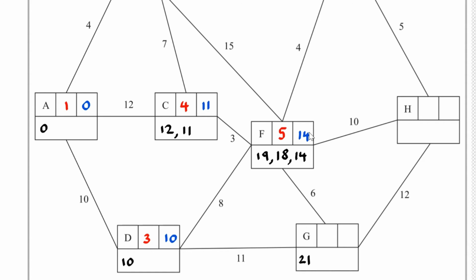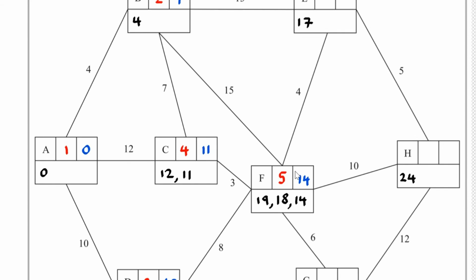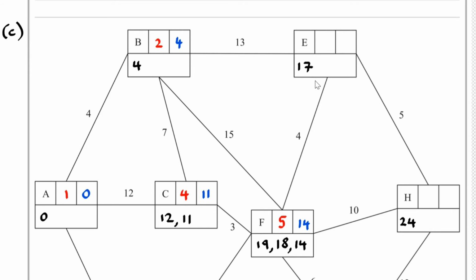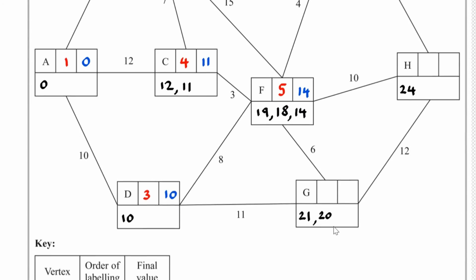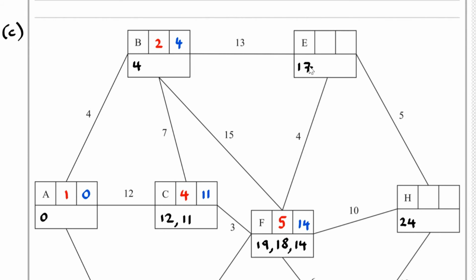Now if I do 14 plus 6, I get 20. 14 plus 20 is 24. 14 plus 4 is 18. I don't need to consider that. So the smallest one from 17, 24 and 20 is the 17. So 17 would go here.